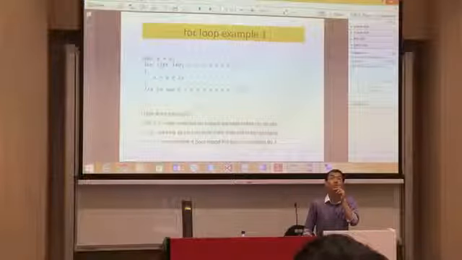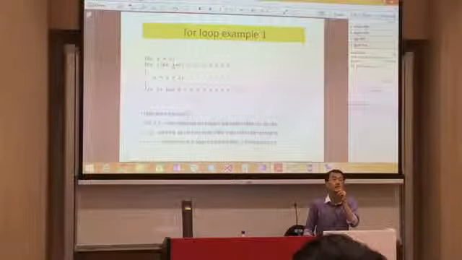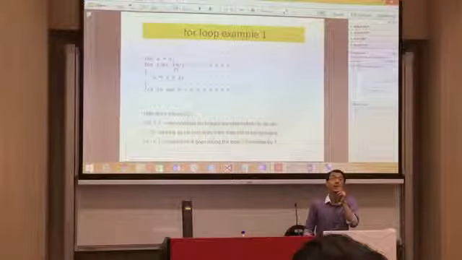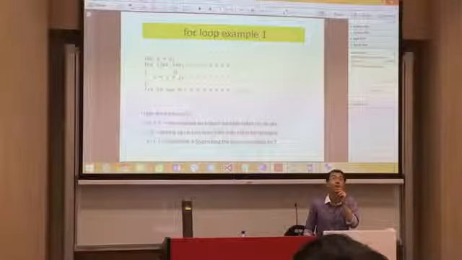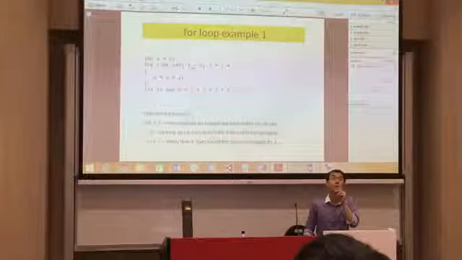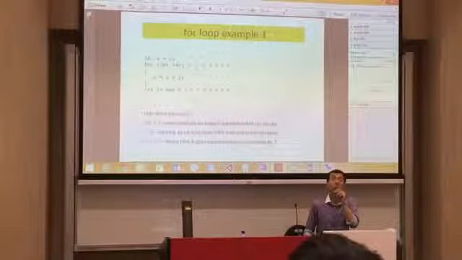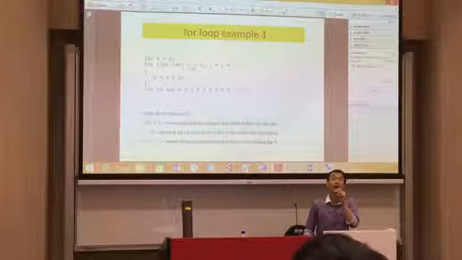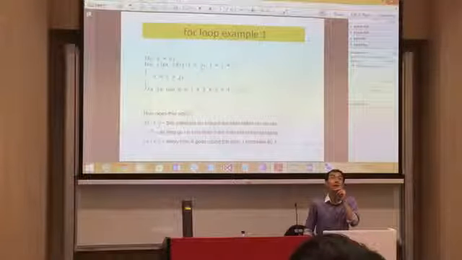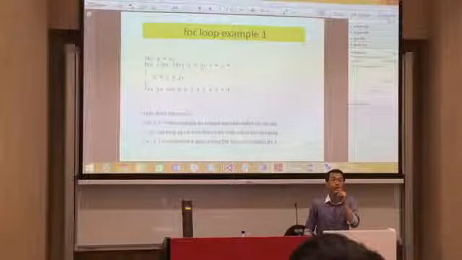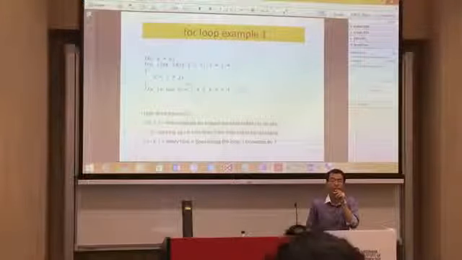Okay, so if you look at this for loop, the first part is the initialization. So you initialize your I to a value of 0, right? That's the starting point. This is the condition you want to check, whether you want to continue the loop, which is I smaller than 5. This means if I is less than 5, you will stay in this loop.